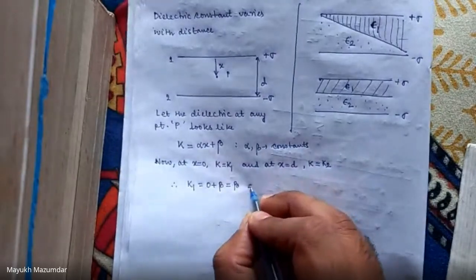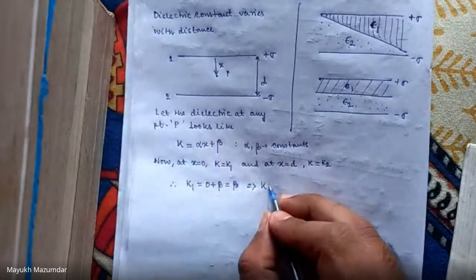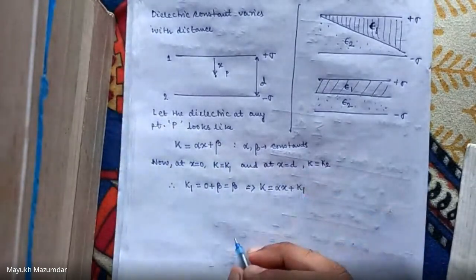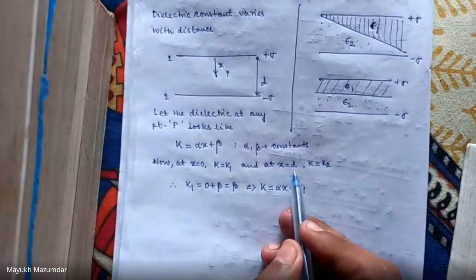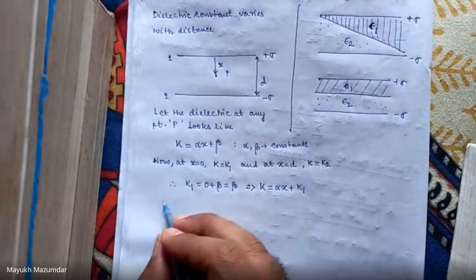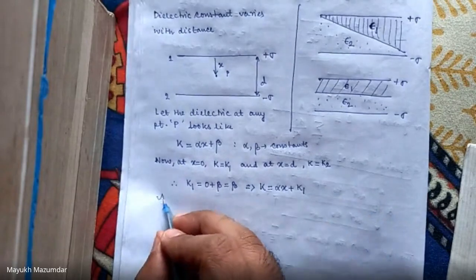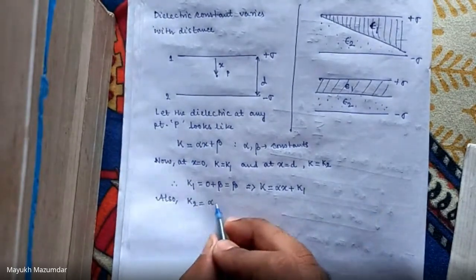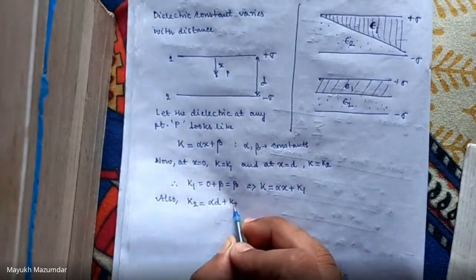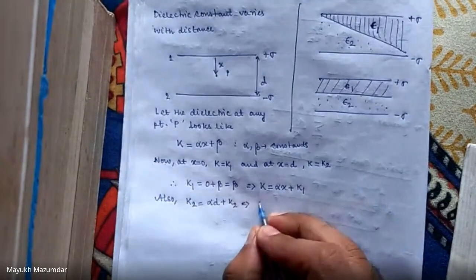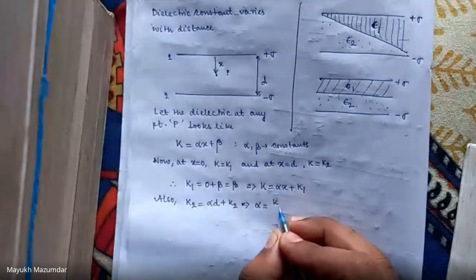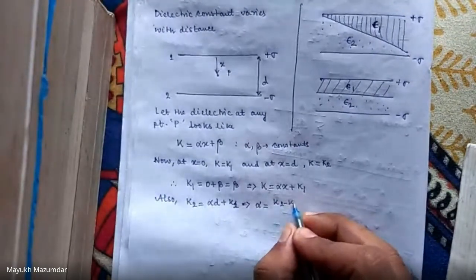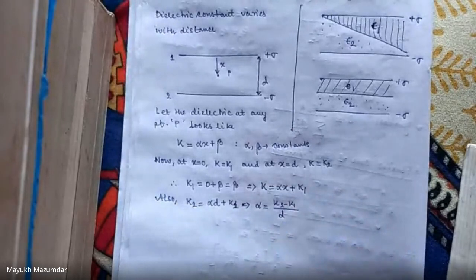So the equation now becomes k equal to alpha x plus k1, and at x equal to d, k is equal to k2. So what is the value of alpha? Alpha is equal to, sorry, it is k2 minus k1 by d.